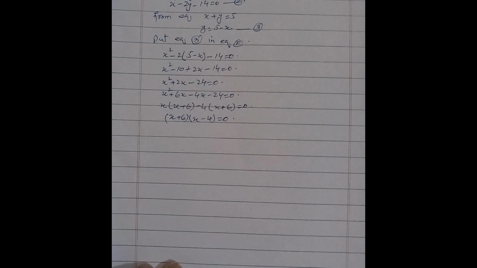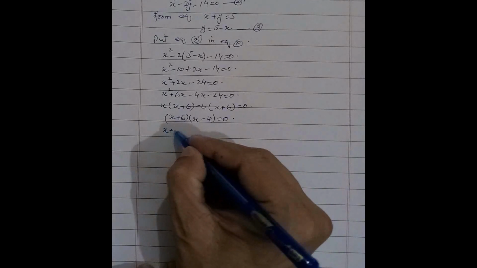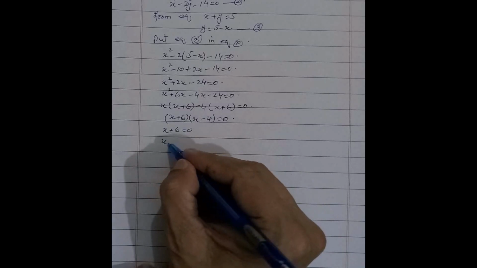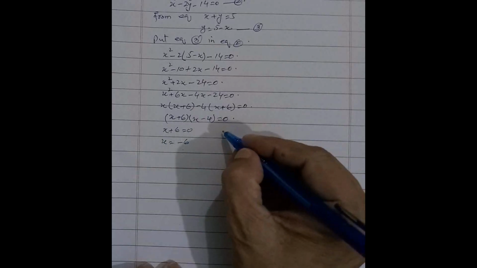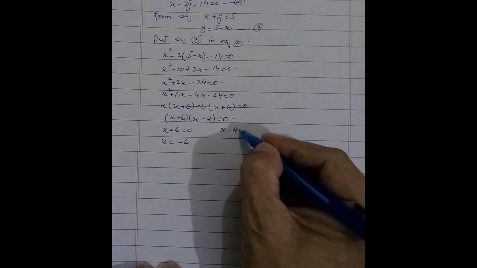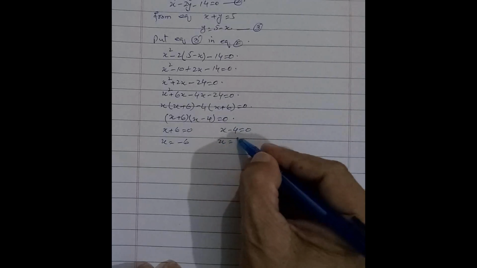In this question we get two values of x, which are x plus 6 is equal to 0 and x is equal to minus 6, and the other is x minus 4 is equal to 0 and x is equal to 4.